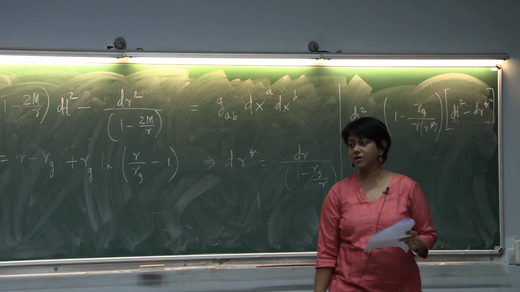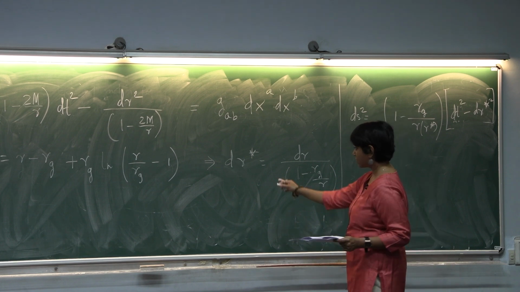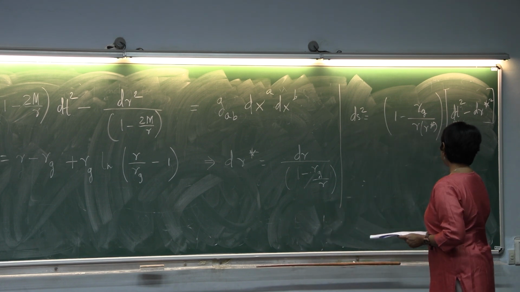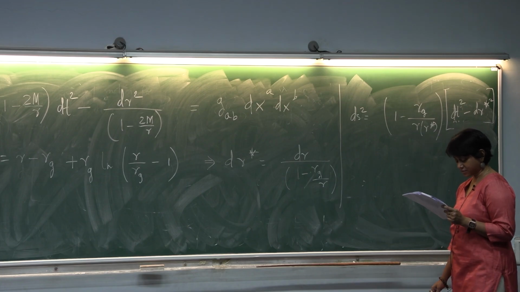This is how you can reparameterize the Schwarzschild metric.